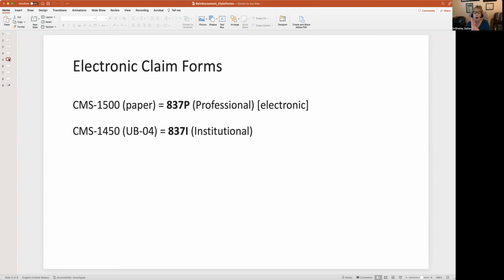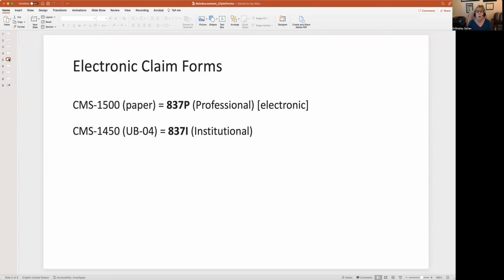And then you have an I for institutional for a hospital. And it depends, but for the most part, a skilled nursing facility, maybe a long-term care facility, may use the institutional form as well. That's going to depend on the individual third-party payer.